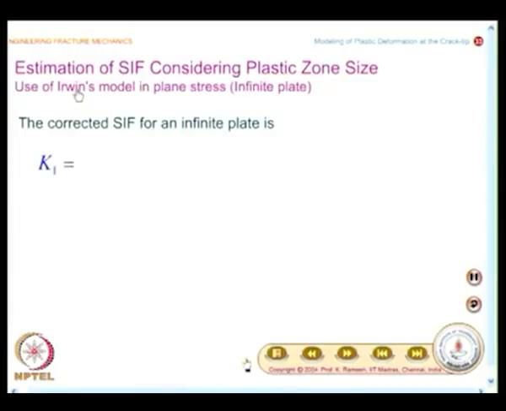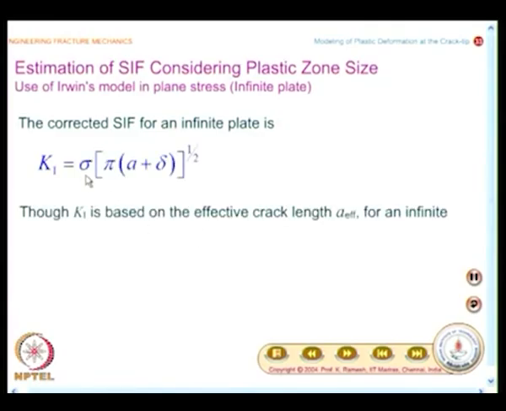What we will do is we will calculate the stress intensity factor for an infinite plate, considering the plastic zone size. K1 is sigma into pi into (a plus delta) whole power half.